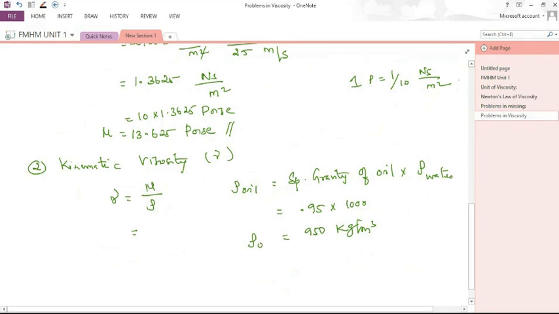This is the density of oil. Now you can substitute here in SI units: dynamic viscosity 1.3625 Newton second per meter square divided by the density of oil, which is 950 kilogram per meter cube.